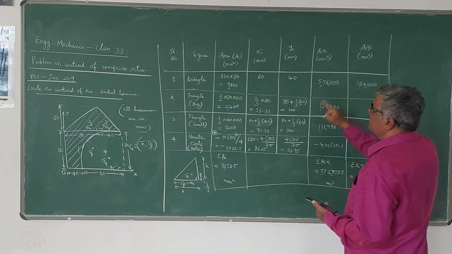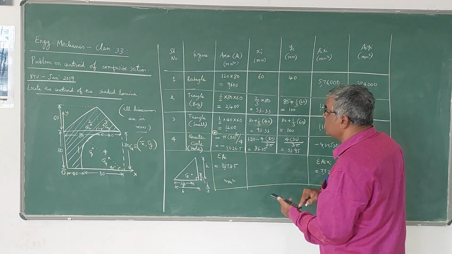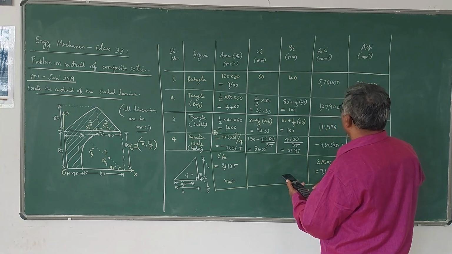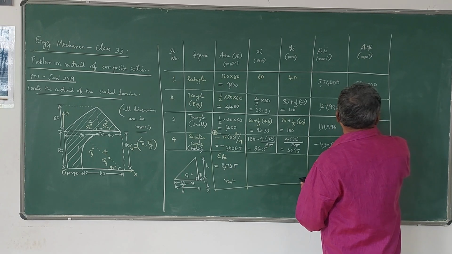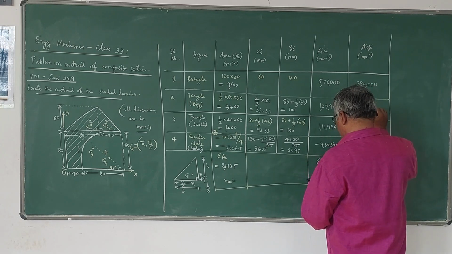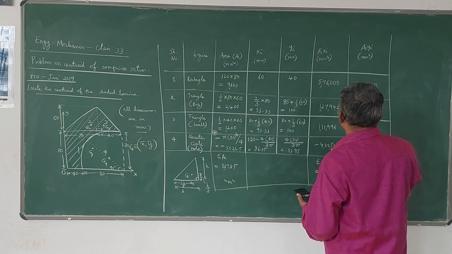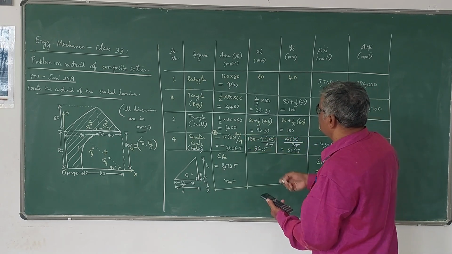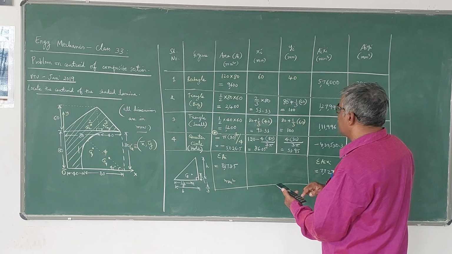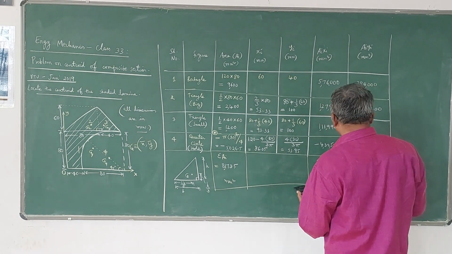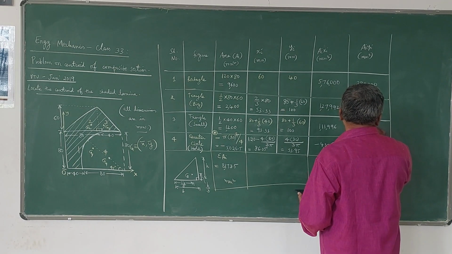Now we will take product of A and Y. First one is over. Second one is 2400 into 100. It comes out to be 24 followed by 4 zeros. Then the third value is 1200 into 100, so 12 followed by 4 zeros.